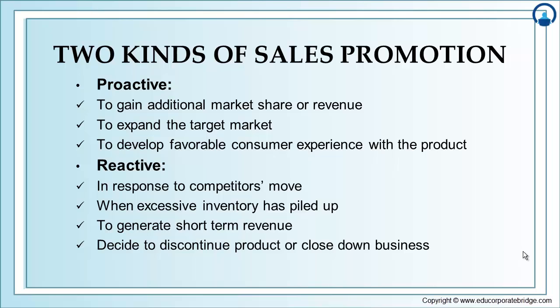Now when you see that maybe some product is not doing well, suppose I have produced 10,000 little soaps in this month, and I'm seeing that there is so much inventory piled up in my godown. It's almost 8,000 still lying in my godown.